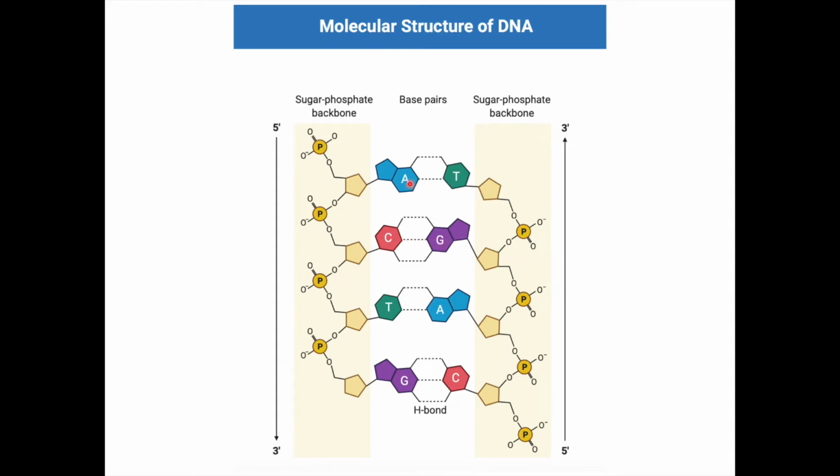Once again, A is paired with T, G is paired with C, or vice versa. And there is a sugar phosphate backbone. Those are the base pairs, which are the nucleotides. And there is also a 5-carbon sugar that is present here, which binds via polypeptide bonds. And these base pairs are paired with hydrogen bonds.